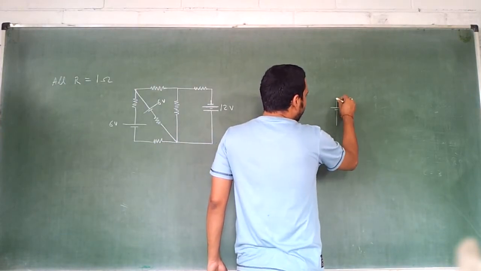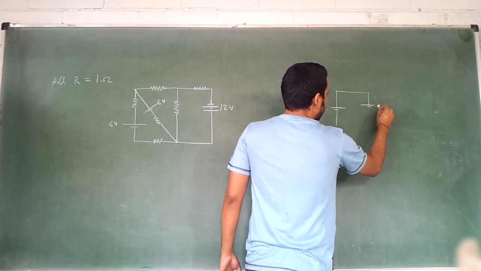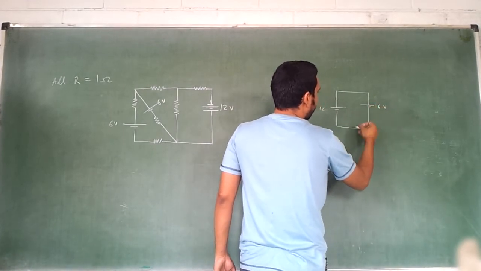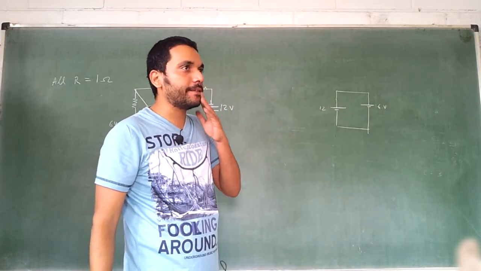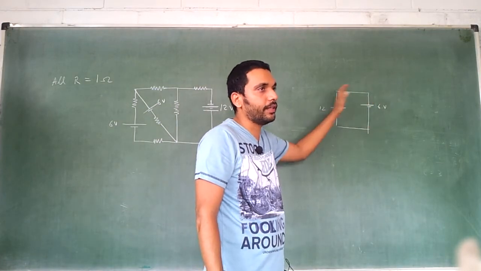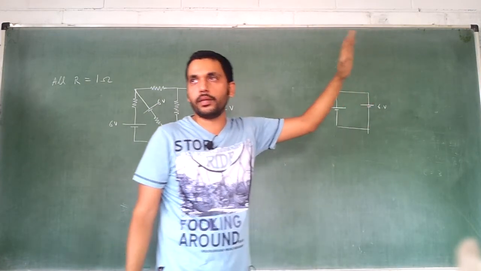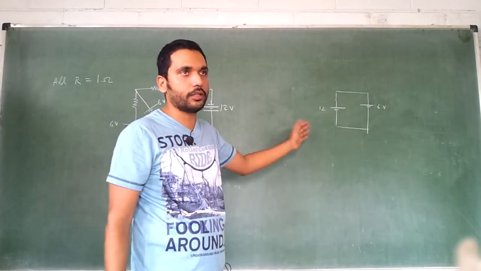suppose you get a situation like this: this is a 12 volt battery and this is a 6 volt battery. Now what happens? This says it is 12 volt, this says it's a 6 volt. You don't have any resistors to make the voltage across them equal. So two unequal voltages are connected without resistance, it's a short circuit.